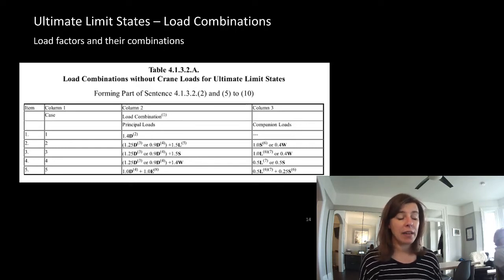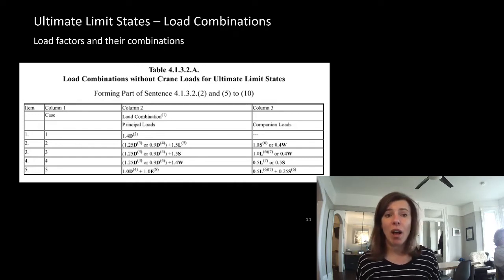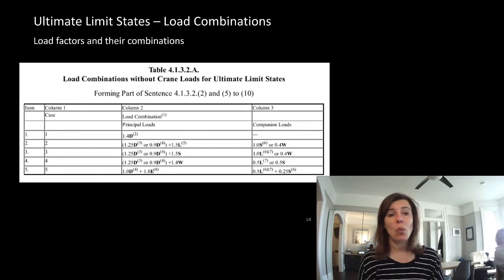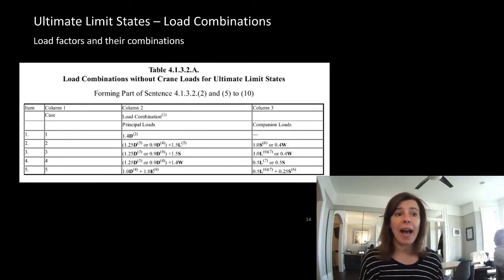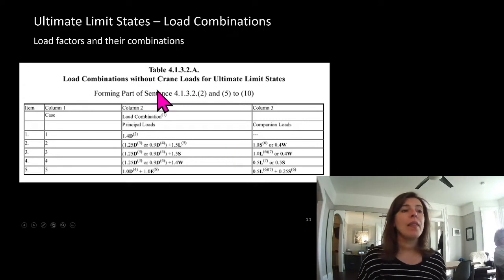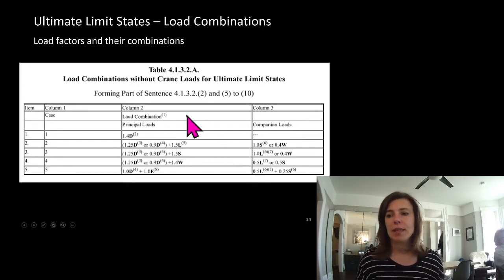So if we had dead and live, we could have snow or we could have wind. If we had dead and snow, we could have as a companion load live or wind. If we had dead and wind, we could have as a companion load live or snow. And that's what this chart here shows us.